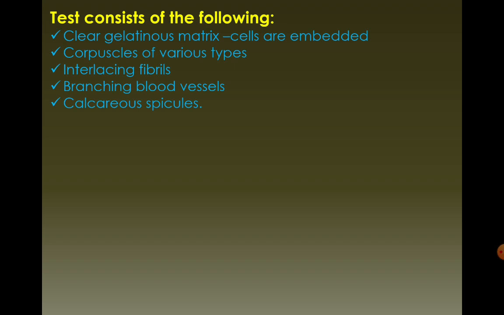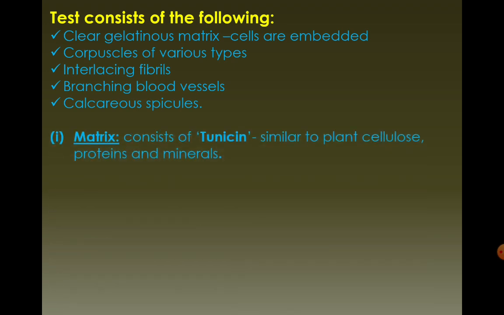It has branching blood vessels, and it shows calcareous spicules in it, which was shown in the previous picture. Now let us learn one by one in detail. Matrix, as we said, consists of tunicin, which is nothing but a cellulose kind of material, and in addition it also has some proteins and minerals.